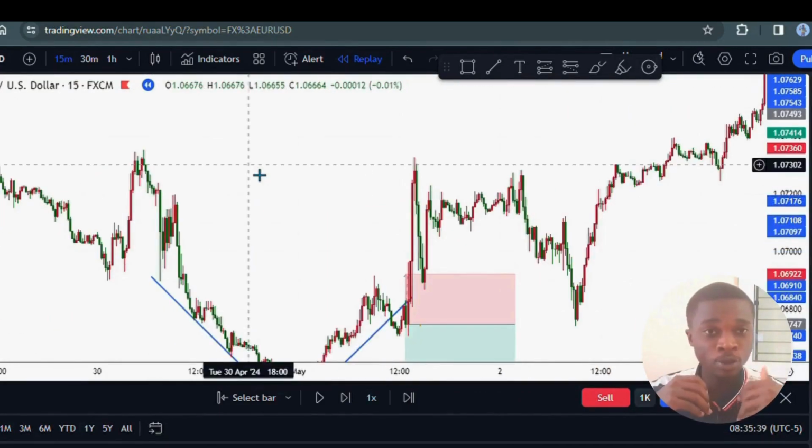If you're a beginner trader, or a trader that has been trading forex for a year or 2 years and you're still not profitable, this might be because you are not drawing trend line correctly. So make sure you learn how to draw trend line correctly and be consistent, and hopefully you'll be profitable as a forex trader.